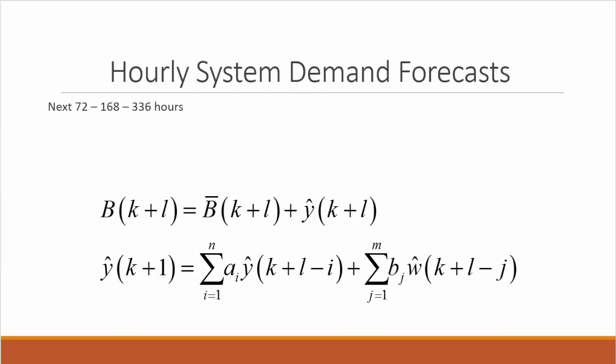Hourly system demand forecast for the next 72 to 168 hours. We first take the time series and determine what is the base load. The easiest way to do that is to look at what is the mean. That is, what is the base load always there? It could be the mean, it could be the minimum demand, and therefore we look at the rest of the demand as a time series, in this case y hat here, that we will apply further analysis to.